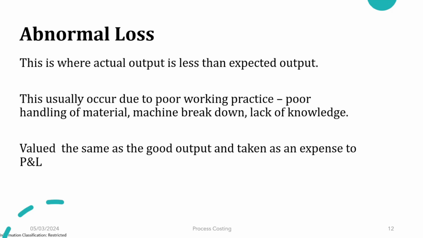So basically, two bigger categories of losses. Normal losses, the cost of losses in the production, is expected and could be absorbed by the production effectively. But abnormal losses are treated as a separate kind of loss and would be put in the profit and loss account as an expense.